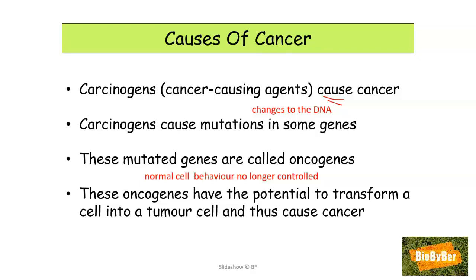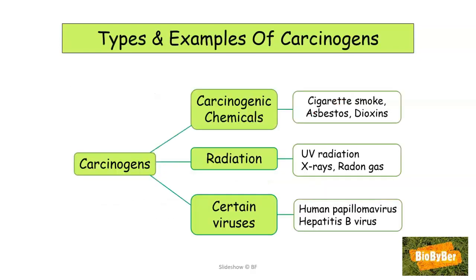Normal cell behaviour is no longer controlled, but as I've just said, if you're asked for the causes of cancer, the expected answer in an exam would be to list the carcinogens. I would suggest that you could write this introductory paragraph here, explaining to the examiner that carcinogens cause cancer by causing mutations in genes, these mutated genes being oncogenes, and these oncogenes having the potential to cause a tumour.